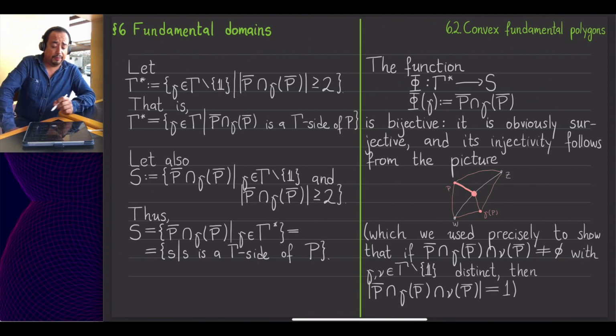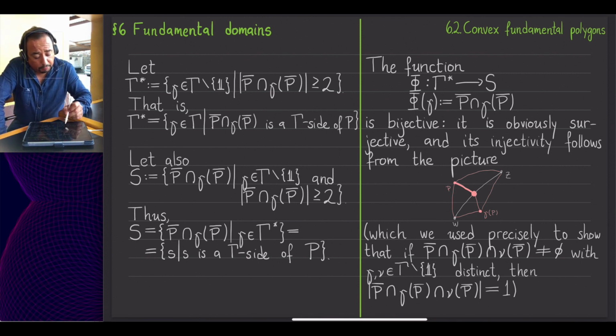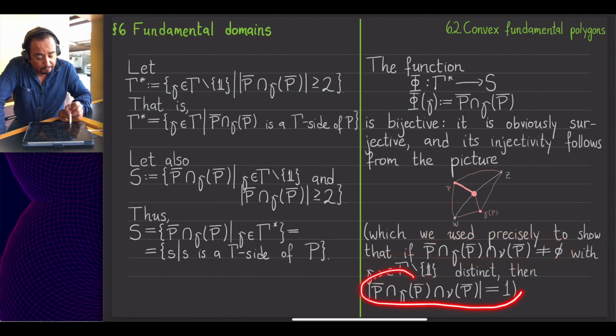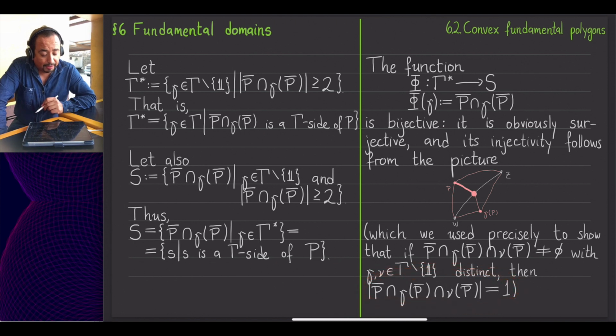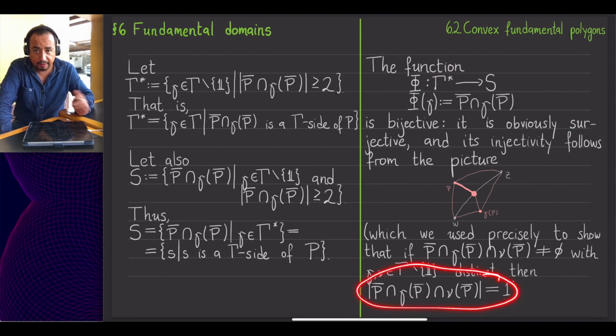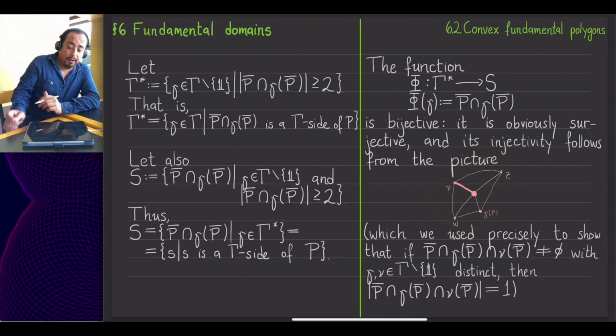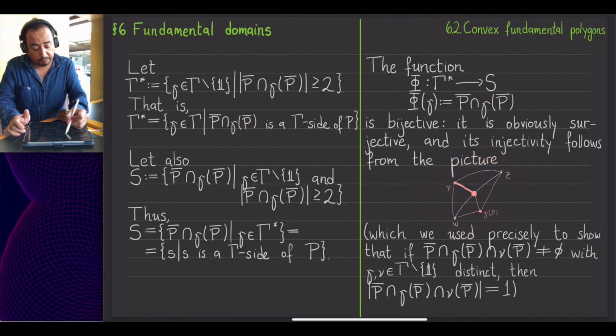And it's injective because of the lemma that we proved: whenever we are given two different elements of gamma minus the identity element, with the property that this triple intersection is not empty, we necessarily have that this triple intersection has exactly one element. So different elements of gamma star cannot give me the same side. And we proved this with the help of this picture. So we have a bijection between gamma star and S.